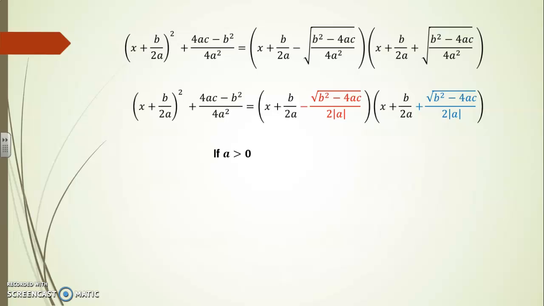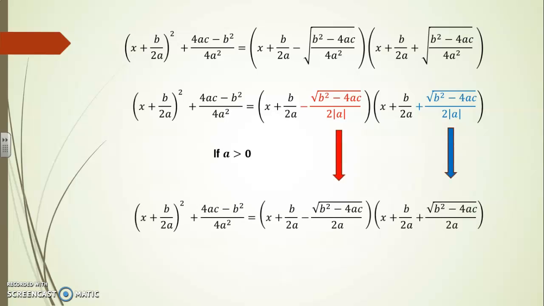If a is positive, then the absolute value of a will simply remain unchanged. If a happens to be negative, then the absolute value of a will require a change of signs, and then all that will happen is the terms will interchange.